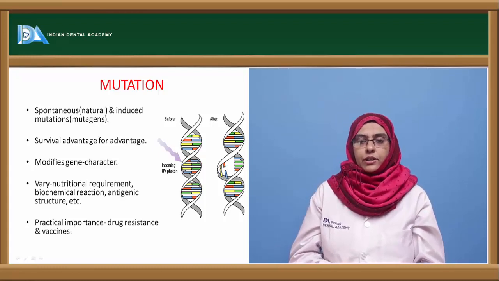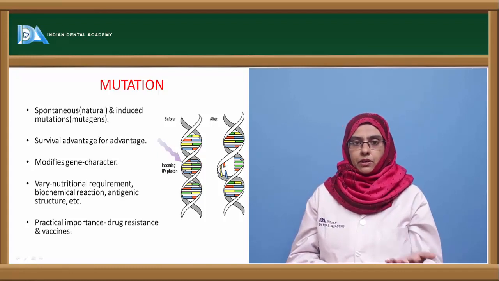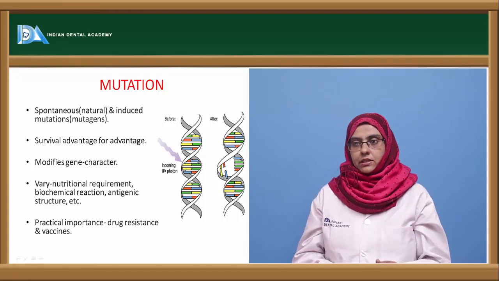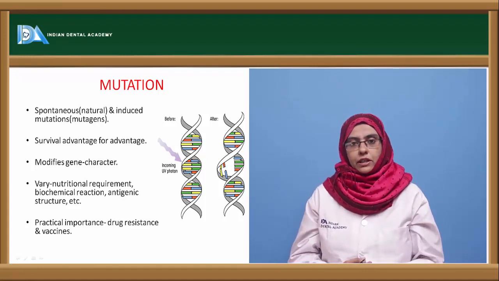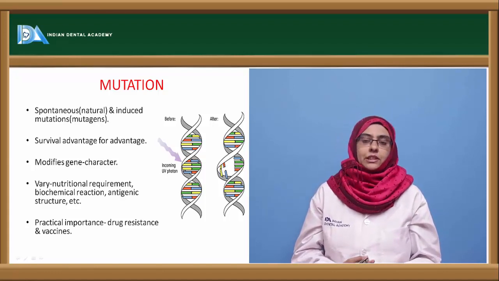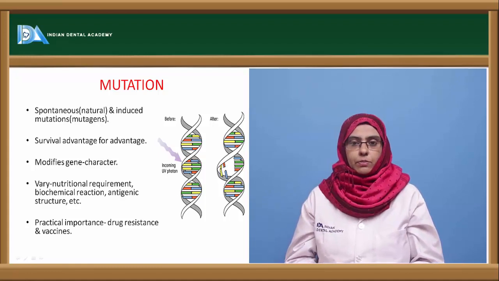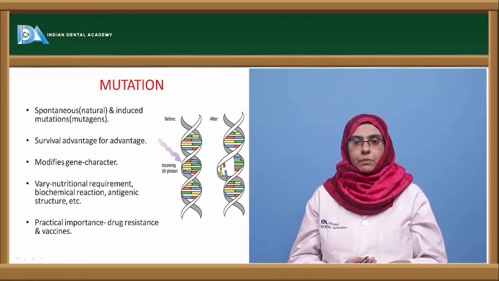But when we are using induced mutagens, we can alter the DNA molecule based upon our interest. And as I told you, this mutation usually gives certain properties to the organism which is called survival advantage. Take for example, an organism resistant to streptomycin. It can survive in a patient who is on treatment with streptomycin.